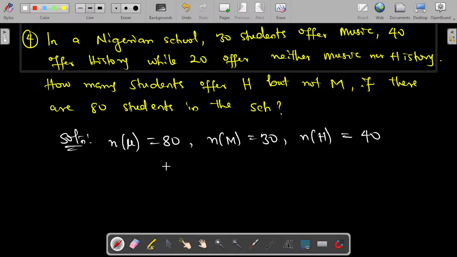That means the complement of the union of history and music, the people outside these two, who don't do these two at all, is equal to 20. They're asking us to find the number of students that offer history but not music.